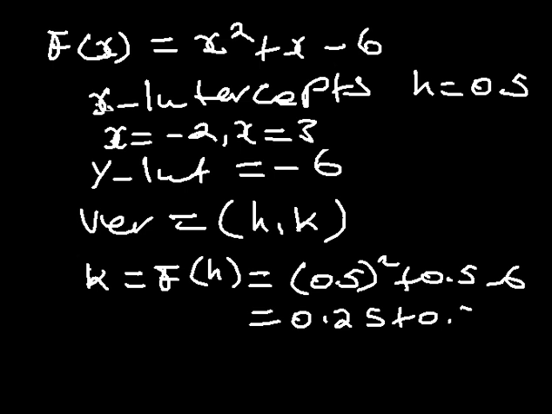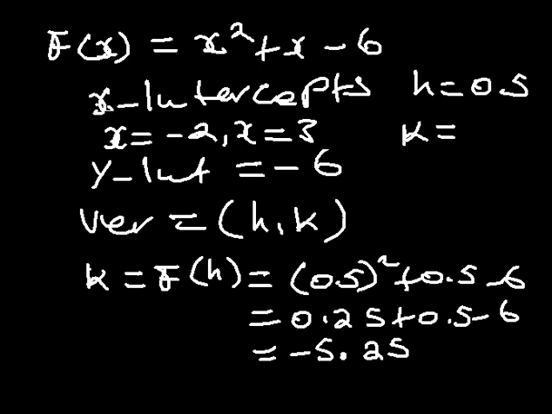Then plus 0.5 minus 6. So plus 0.5, then minus 6, we'll have negative 5.25. Now that is the value of k, or the y coordinate at the turning point.